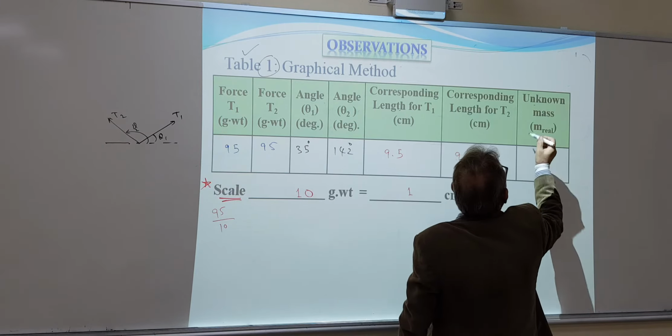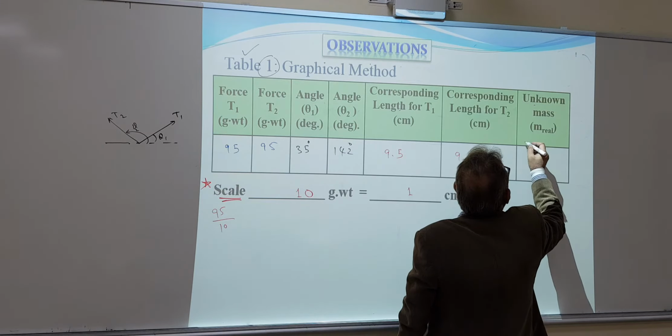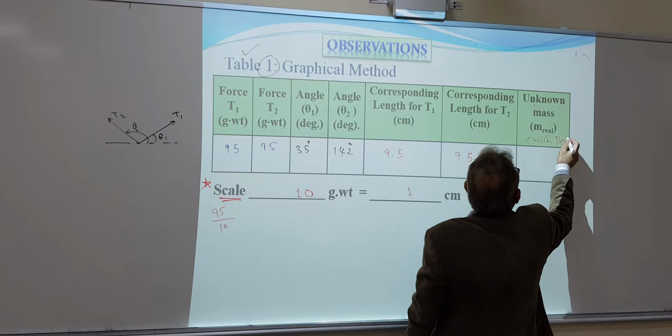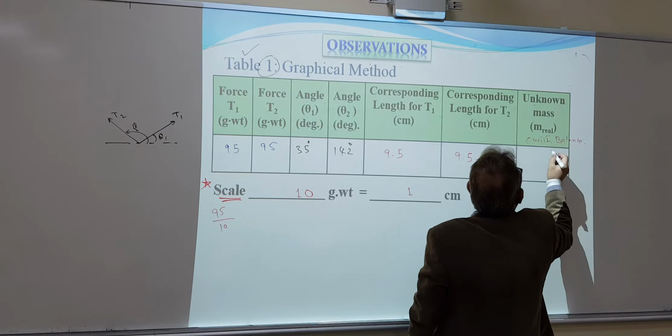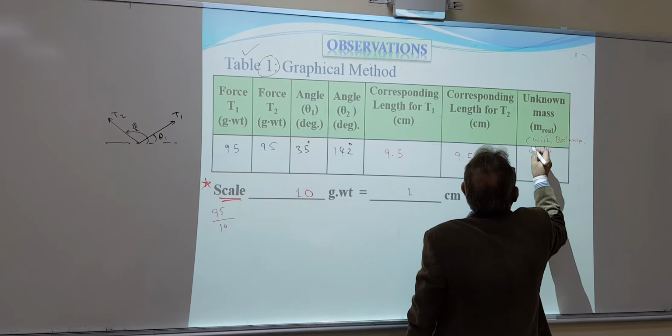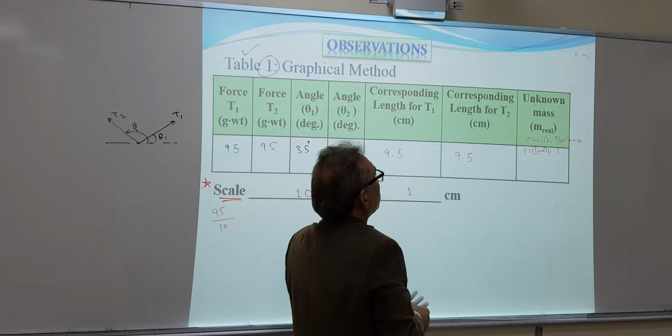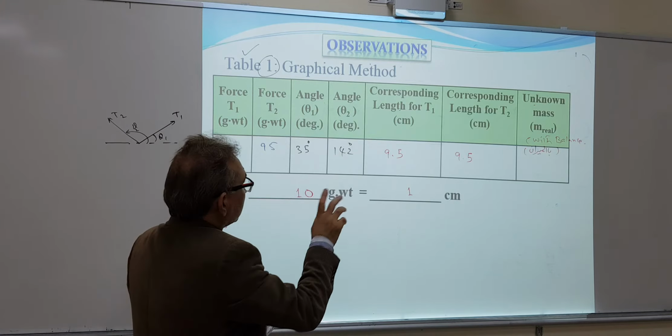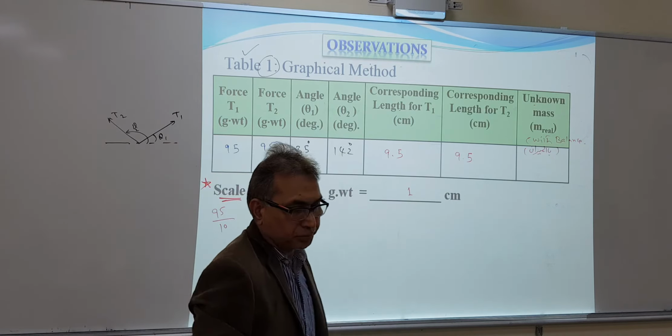This is the unknown mass from the balance. Right, at the end, first we do our method.